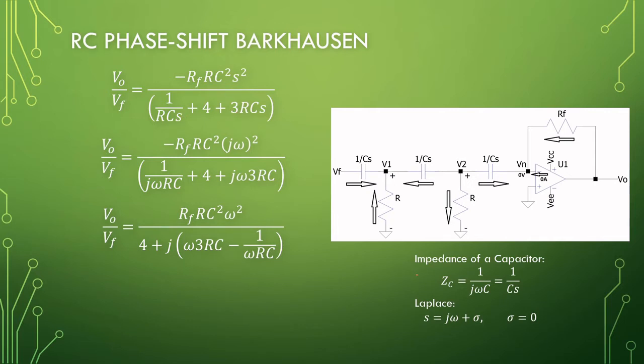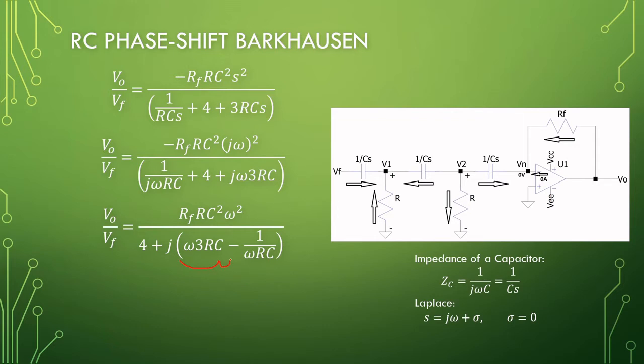Replace all the S's with J omega, and here we will have J omega squared, and this will be minus 1 omega squared, so the negative signs will cancel. And down here we will have a 4 which has no influence on the phase, and 2 imaginary terms.